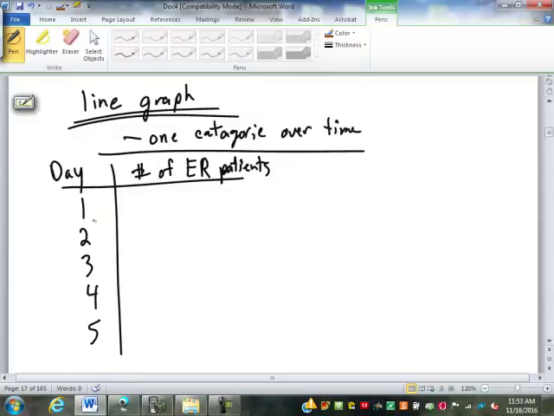So let's say on day 1, the first day that we're tracking it, there are 52 patients that come through the ER. Day 2, 59. Day 3, 38. Day 4, 32. And day 5 is 63 patients.